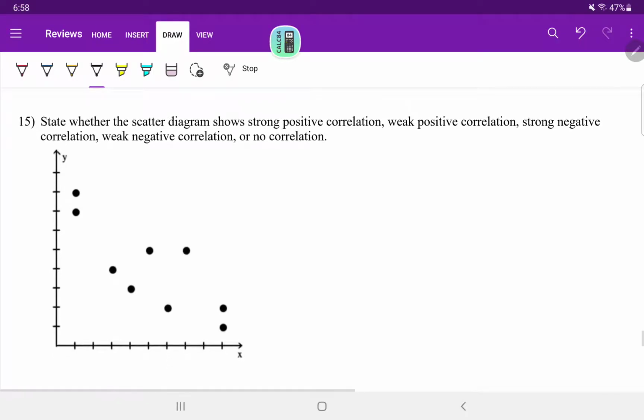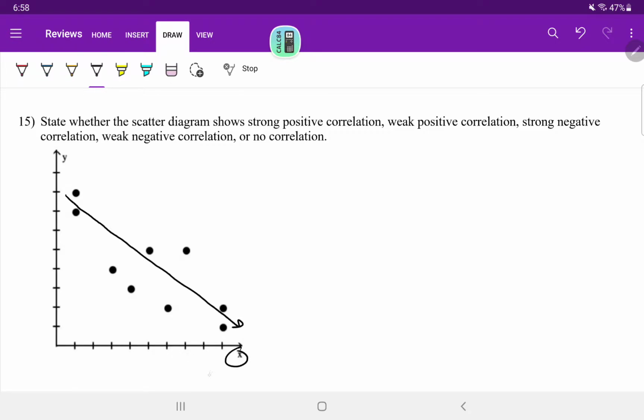15 says state whether the scatter diagram shows a strong positive correlation, a weak positive correlation, a strong negative correlation, or a weak negative correlation, or no correlation at all. If we look here, we can see that we are decreasing.